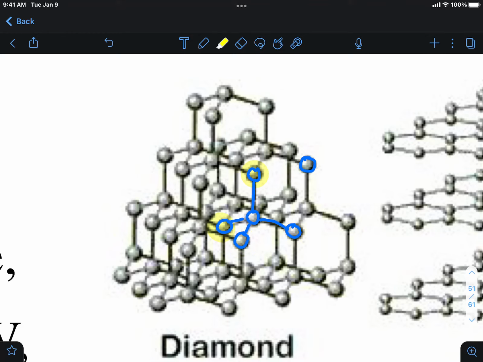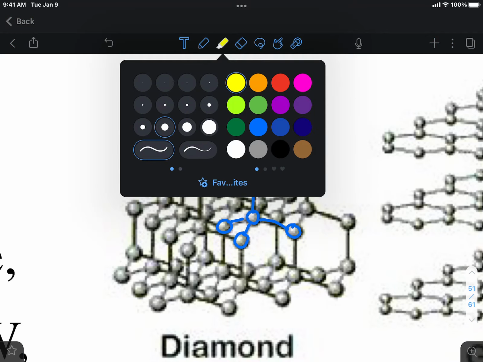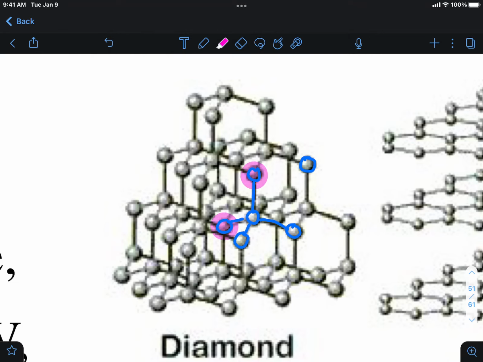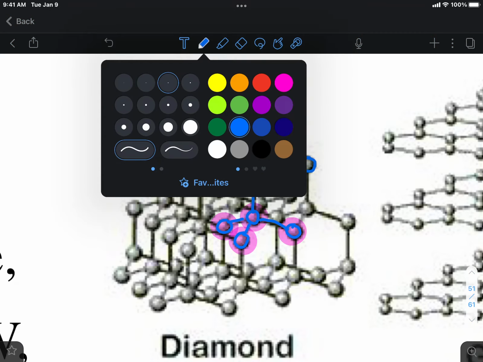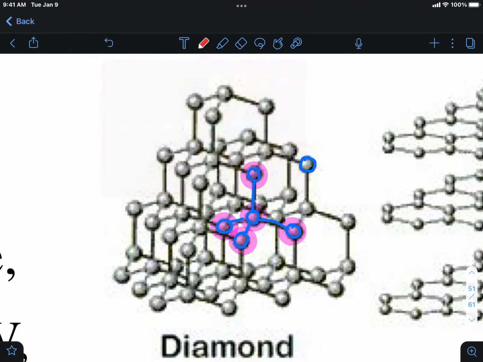Actually, that's not a good color. Let me get some brighter. Does that shape look familiar? What shape is that? That's a tetrahedral. Now, these bonds here, these are all covalent bonds. And remember, a covalent bond is what we call an intramolecular force.